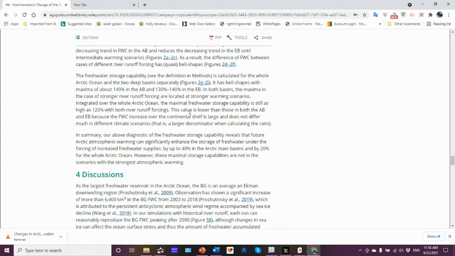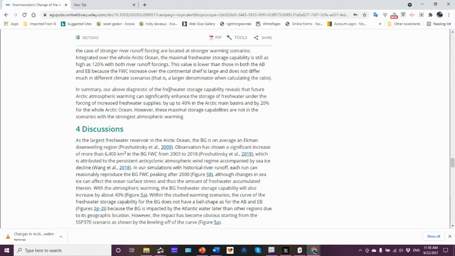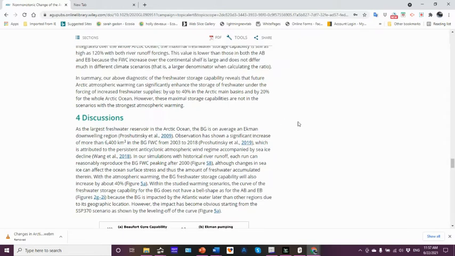With both river runoff forcing, this value is lower than those in both the AB and EB because freshwater content increase over the continental shelf is large and does not differ much. In summary, our above diagnostic of the freshwater storage capability reveals that the future Arctic atmosphere warming can significantly enhance the storage of freshwater under the forcing of increased freshwater supply by up to 40% in the Arctic main basin, 20% for the whole Arctic Ocean. And I showed you that earlier.